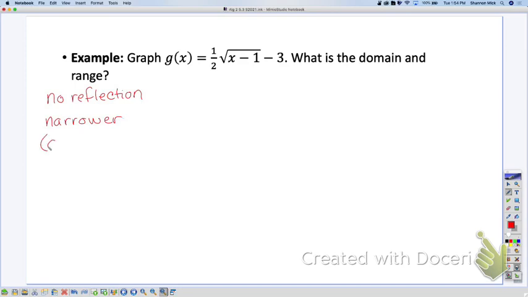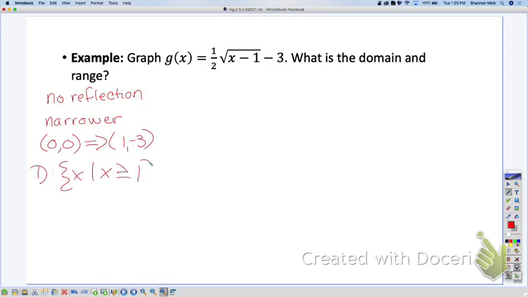Okay, so 0, 0. Why do we always talk about 0, 0? Because that's the parent function, right? Okay, so 0, 0 goes to 1, negative 3. Domain would be x such that x is greater than or equal to 1.